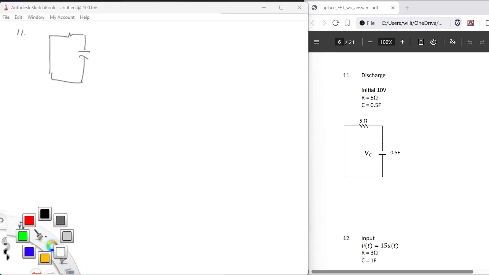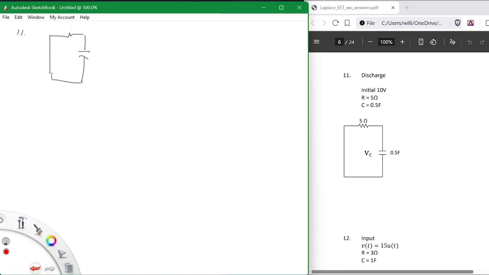So with this one, this is 5, and this is 2 over s for my resistance, but my battery here is the initial voltage of 10. So it's a plus to minus 10 over s.